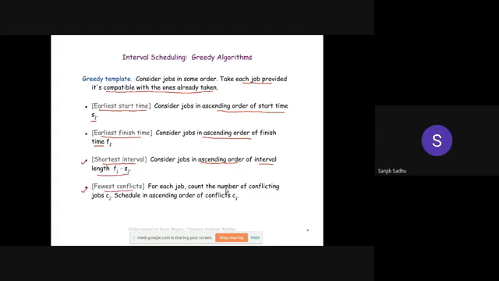For each job, we will count the number of conflicting jobs, CJ. So schedule in ascending order of conflicts, CJ. That means for each job I can count how many other jobs are overlapping with it. I will keep a counter, sort them in increasing order of the counter for each job, and assign in that way. That is called fewest conflicts.